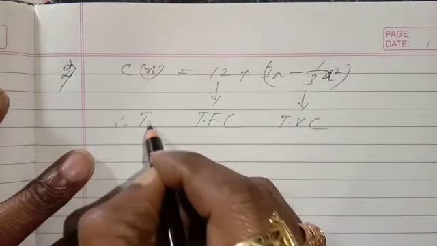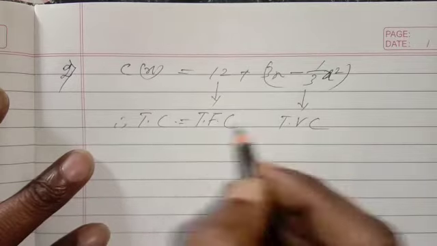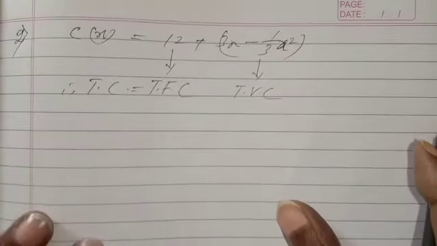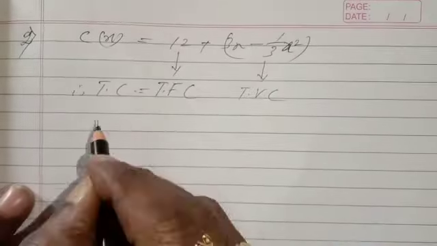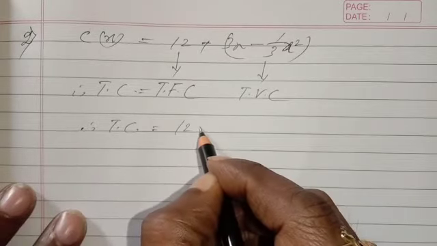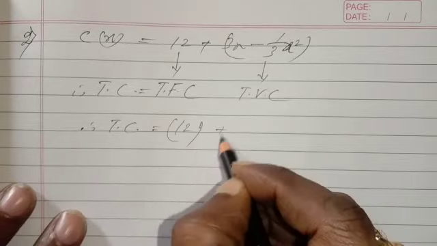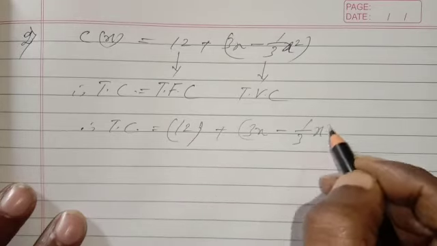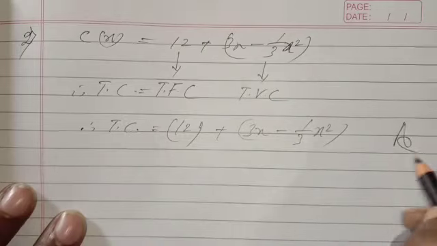Therefore total cost is equal to total fixed cost plus total variable cost, which is x related. Okay, and you have to find out the first one, right? Total cost is equal to 12, the fixed cost, plus 3x minus 1 by 3 x square. This is total cost.